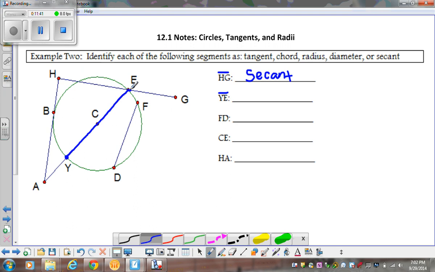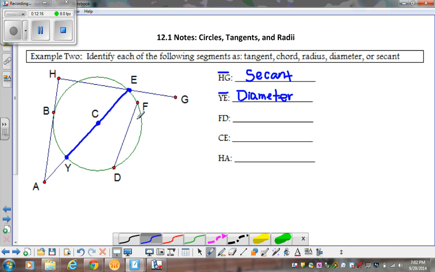So we know it's got endpoints, and the endpoints happen to lie on my circle, so it doesn't keep going outside my circle, it actually stops on my circle. So in this case, this is going to be a diameter. Now you could also say it's a chord, but this is a special type of chord, a diameter, because it goes through the center point of my circle. So we notice here, point C, that is my center point.